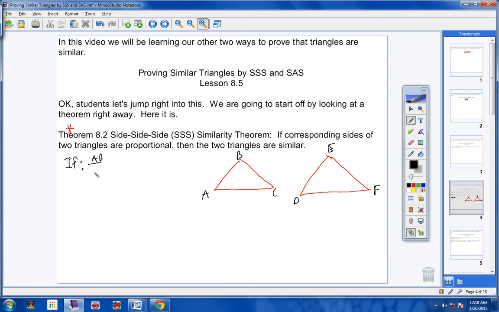AB over DE equals BC over EF equals AC over DF, okay?